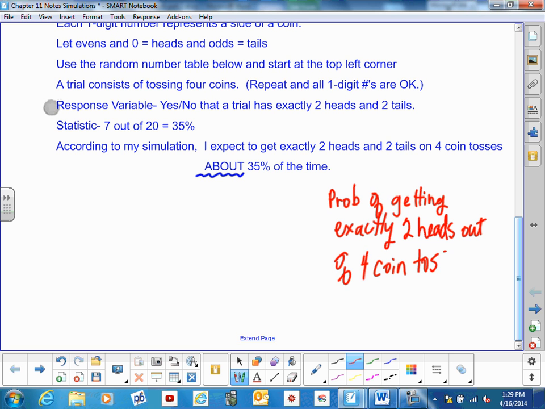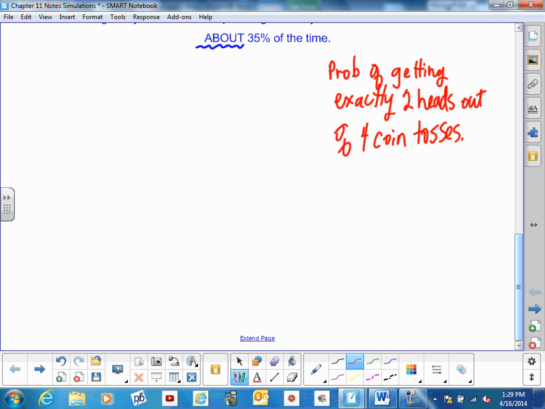We did that as a binomial distribution. And on your formula chart, it looked like this. N choose K. And then we would go like this.